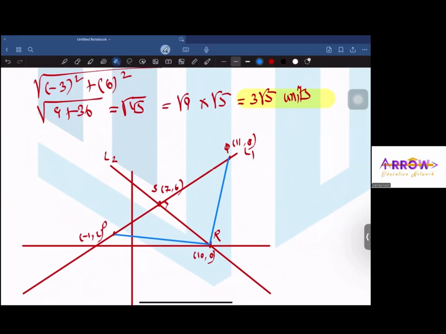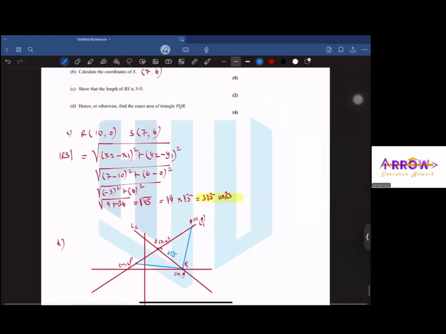So what we know the fact is that the length of the line RS is 3 root 5 in an exact form, which we have already found in part C. So the base of the triangle is basically PQ, and the height of the triangle is 3 root 5.